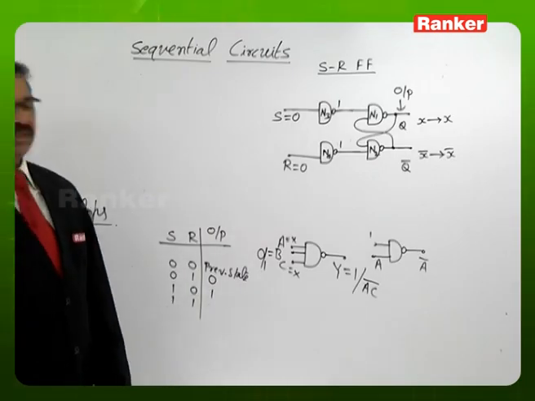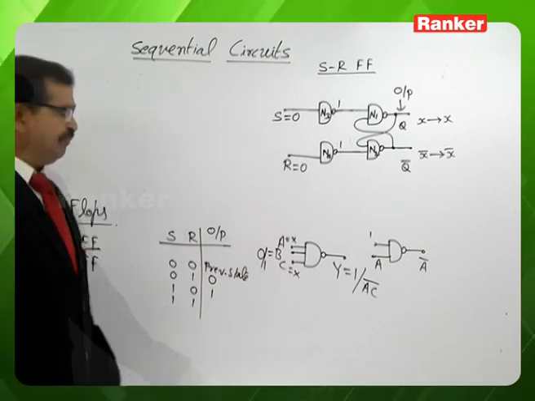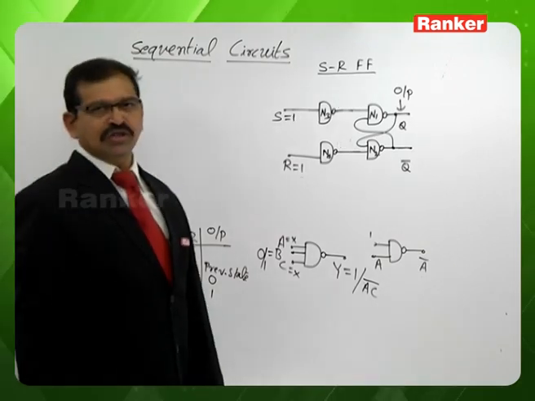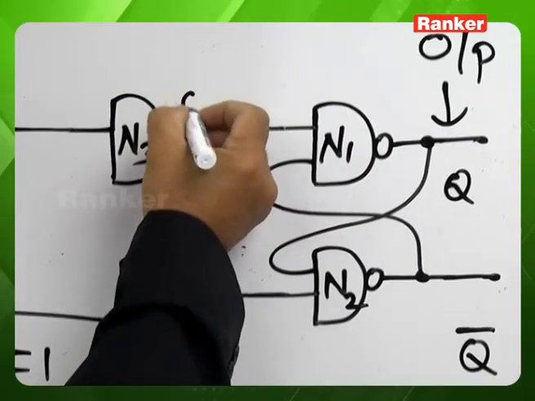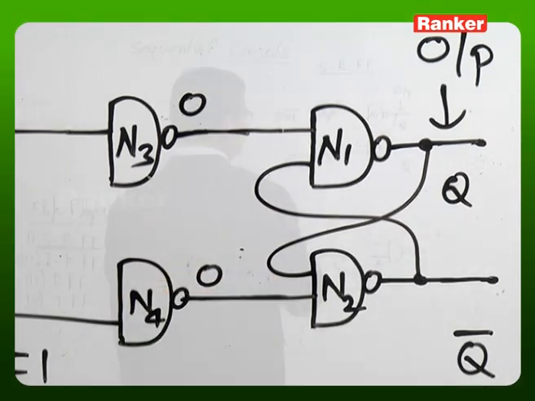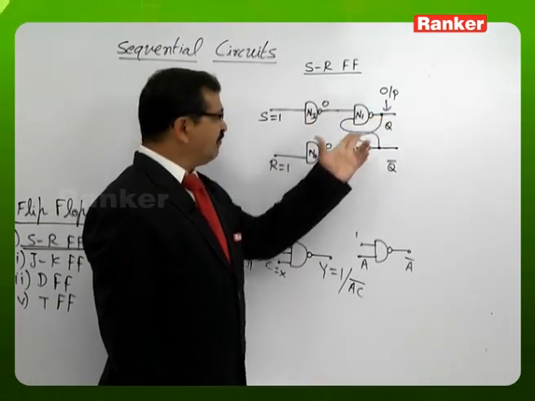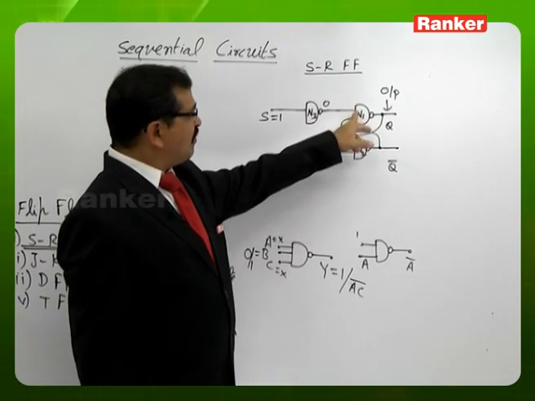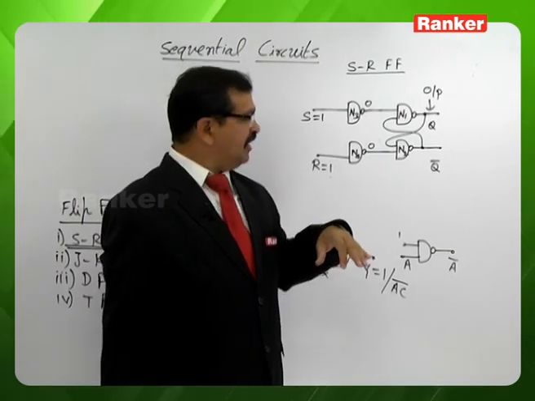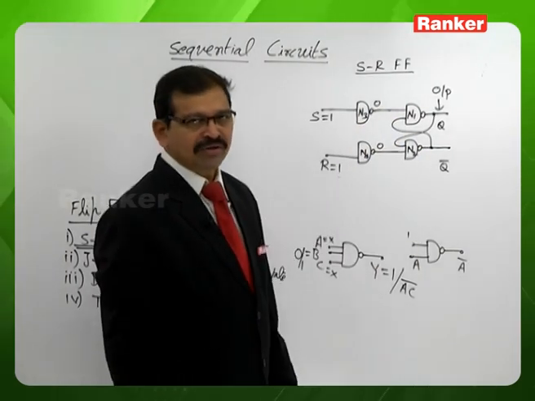Similarly, let us recognize the output of the circuit for 1, 1. Whenever S is 1, R is 1, gates N3 as well as N4 both will have output 0. So based on this, gates N1 and N2 must both have output 1. Based on the cross-coupled connection, at any moment between gates N1 and N2, we cannot read the same output.